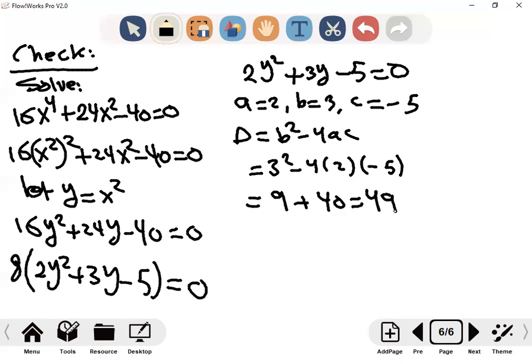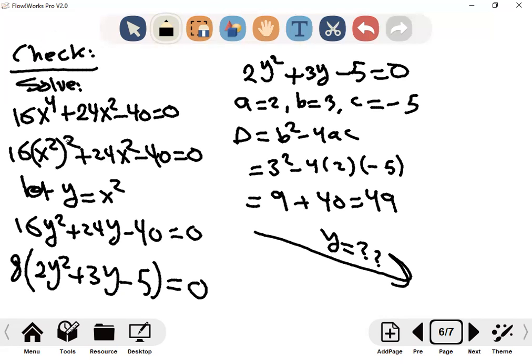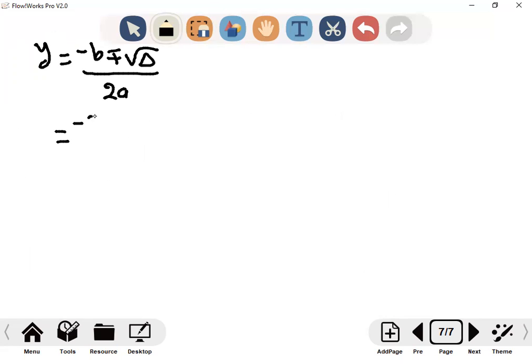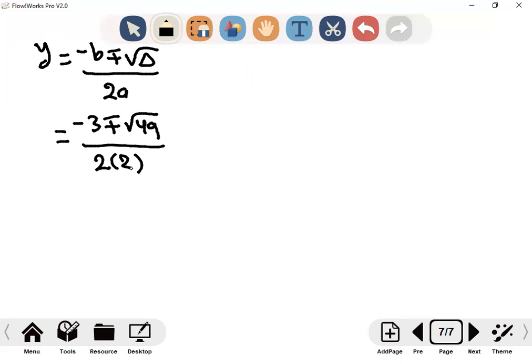Okay. Now here delta is given. Now let's find the values for y by using the formula. Not x. Be careful: y equal minus b plus minus square root of delta over 2a. b is how much? 3. So it will be minus 3 plus minus square root of 49 over 2 times a, which is 2. Now simplify.